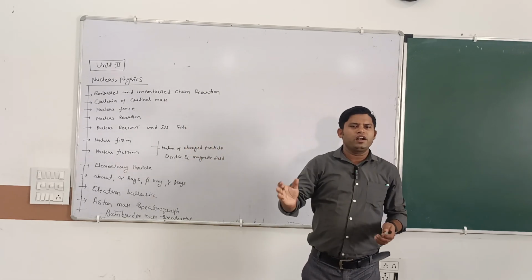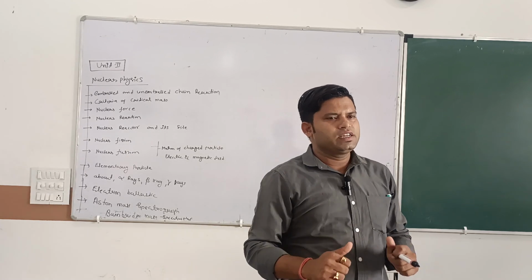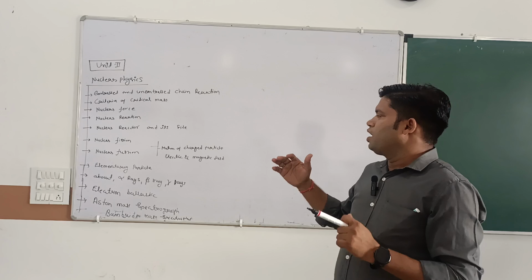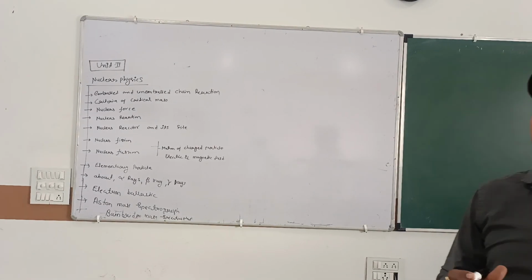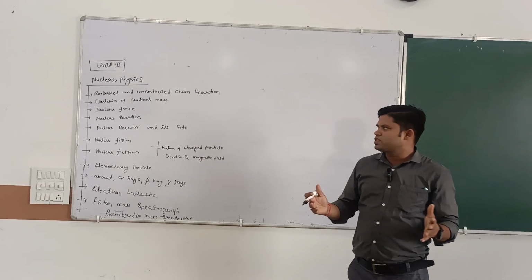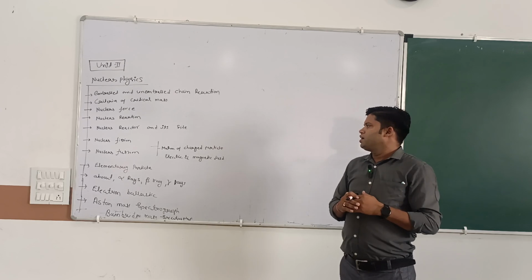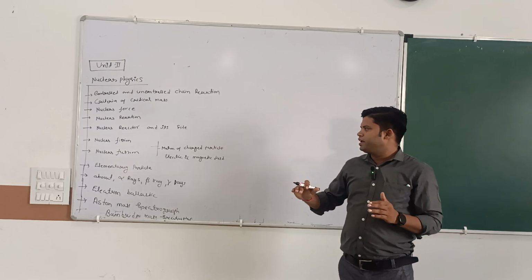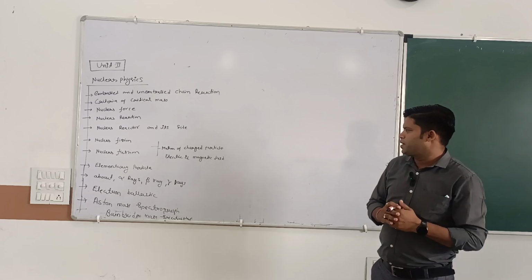First is controlled and uncontrolled chain reaction. Second is criteria of critical mass. Third, nuclear force. Next, nuclear reaction. Next, nuclear reactor. Next, nuclear fission, nuclear fusion.